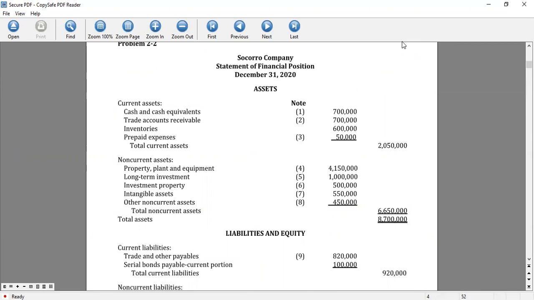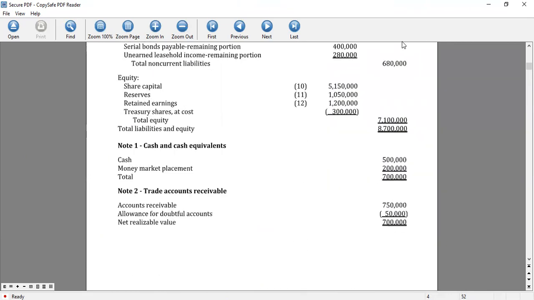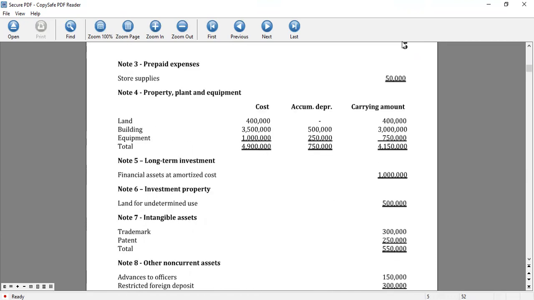That's now the amount of property, plant, and equipment in note number 4. In note number 5, we have the long-term investment, which is the amount of the financial assets at amortized cost, equal to 1 million.